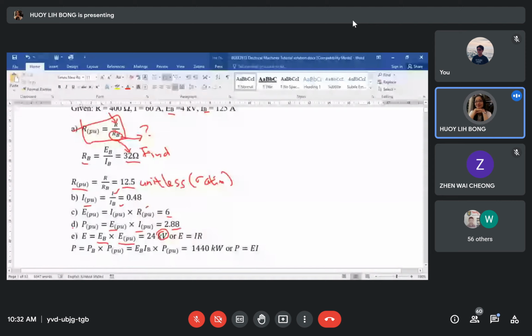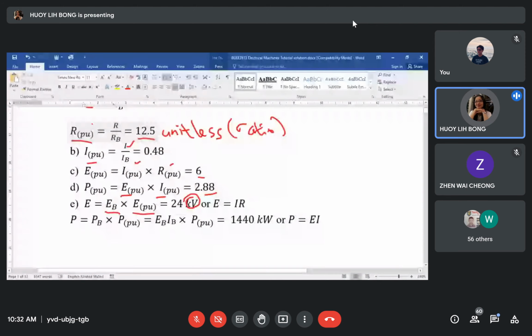We found the per unit. Do you know the base value for power? This one actually we don't know. So you can find it using base voltage times the base current, which is given in the question.